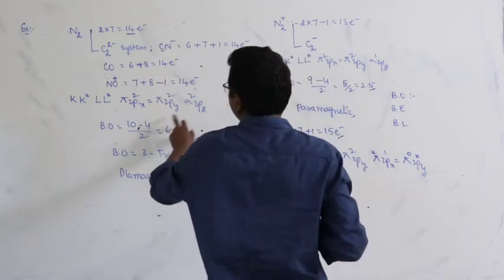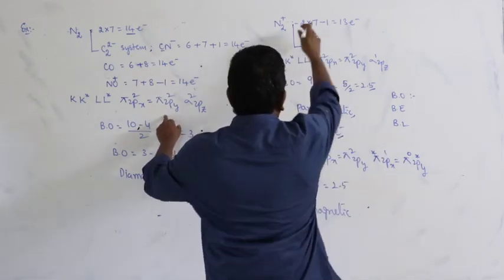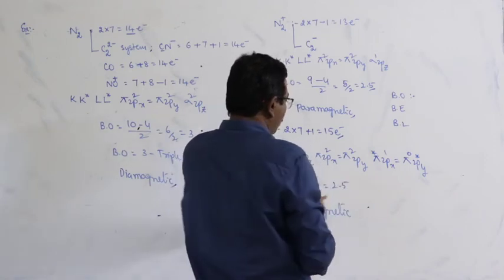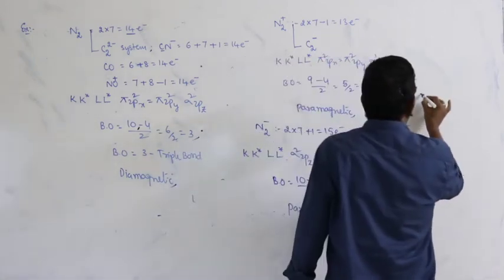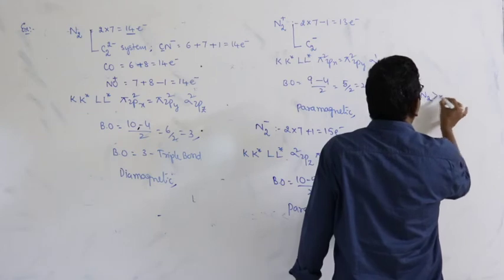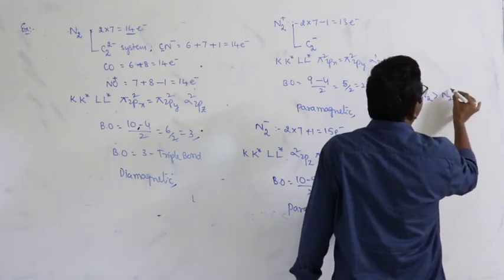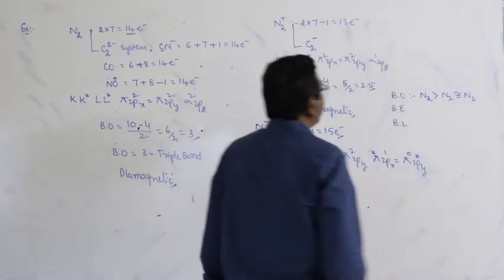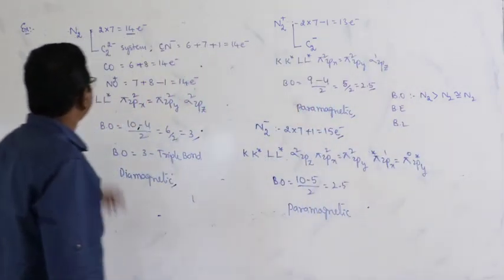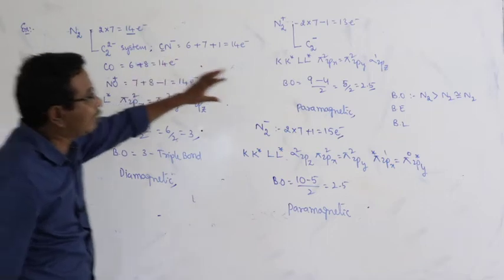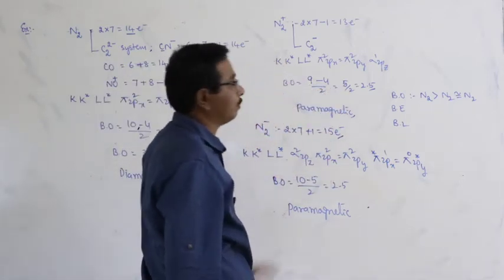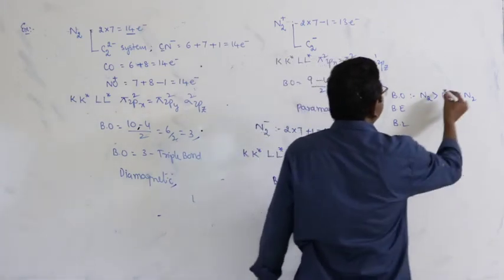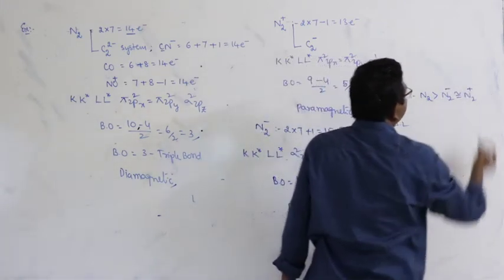Bond order: N2 is equal to 3, N2 plus is equal to 2.5, N2 minus is equal to 2.5. Here, N2 is greater than N2 plus and N2 minus. Bond order is 2.5, same, for N2 plus and also N2 minus, both are same, right?